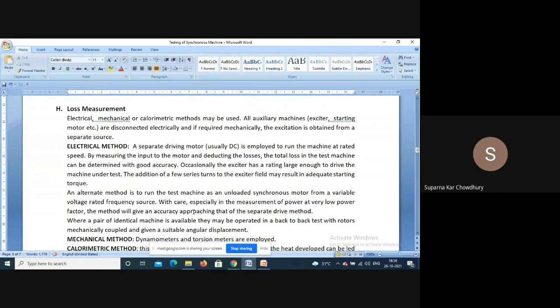Electrical method: this is basically the method you have used during the loss separation of a DC machine. Here, a driving motor, usually DC, is employed to run the machine for which the loss has to be separated. In the same way that you have done for the DC machine, the loss can be separated.